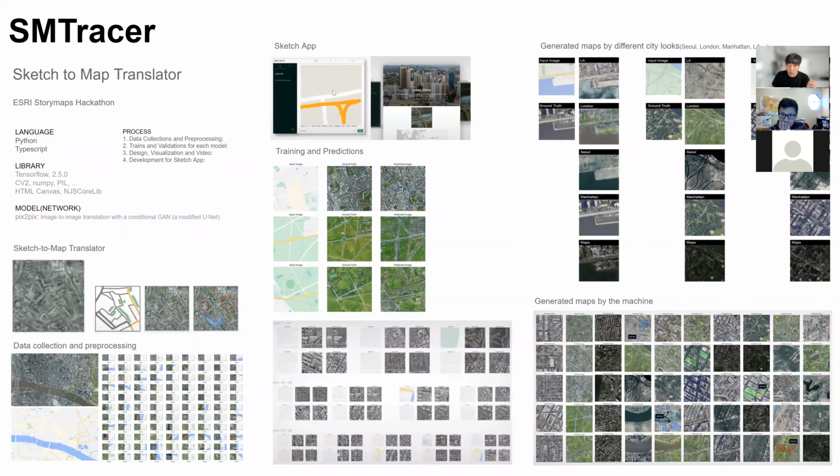So when you draw your own abstract city, it gives you a sketch on top of the basic guideline in order to generate a Google Map-like map.